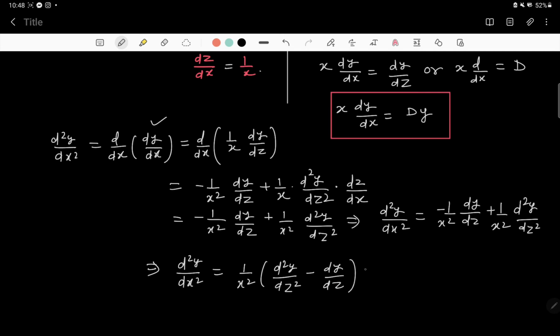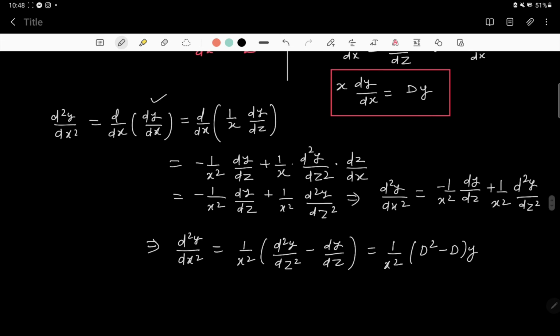So you can write 1/x^2 times (D^2 minus D) of y, or in another way, x^2 d2y/dx^2 is D(D minus 1) of y.